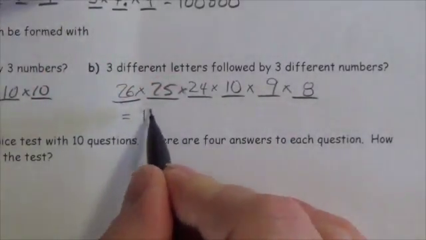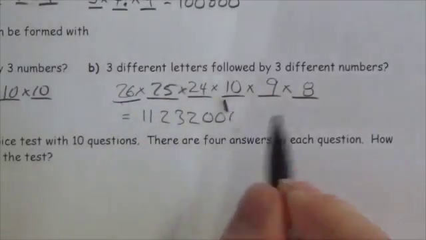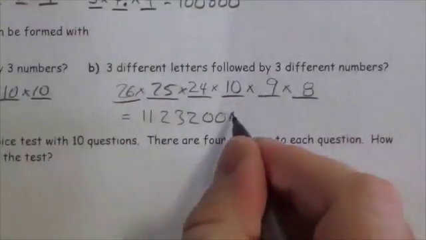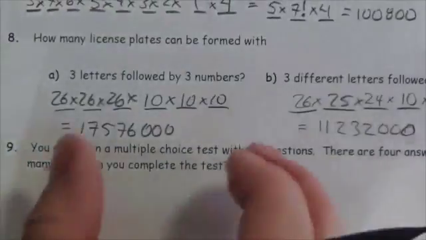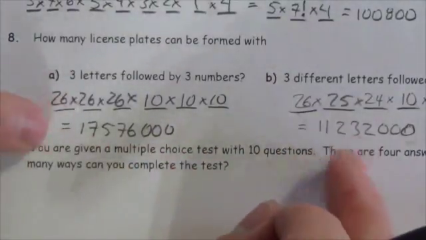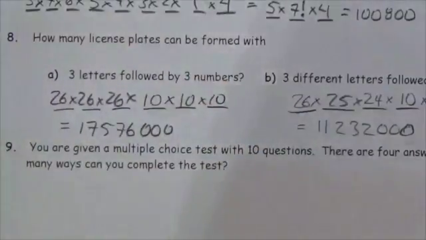That's going to leave me with 11,232,000 different license plates. And it's staggering to me, or I should say incredibly interesting, how quickly these numbers grow. Like that's huge. And notice the difference between them. That's a substantial drop by insisting that you can't repeat those symbols there.